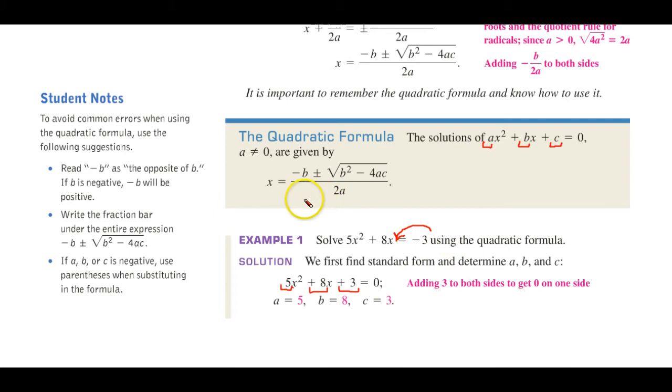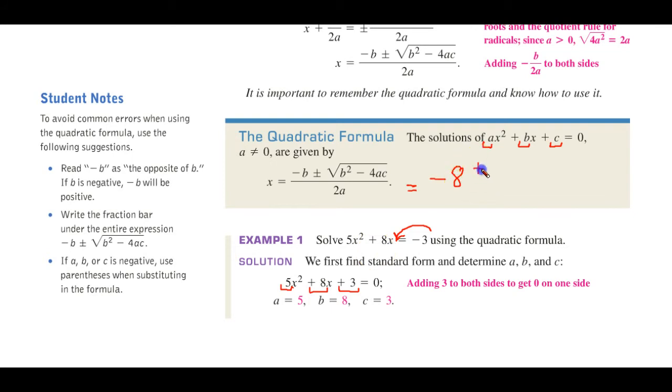So now we could put that into the formula. And let's do it right over here. They're going to do it on the next page. Now notice our B is a +8. But in the formula, the negative sign is part of the formula. So when we put in a positive b here, it becomes a negative 8 because it's the opposite of a positive 8, which is a negative 8.